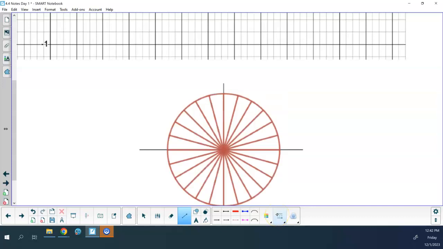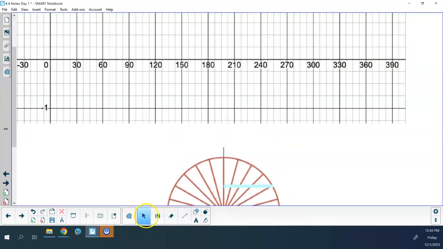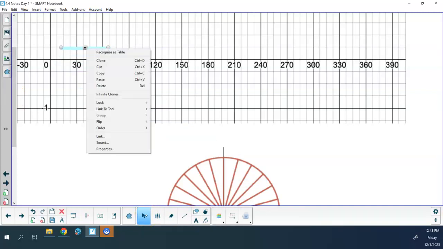And so you're going to say, all right, so here's my 30 degrees. That's what I'm going to be measuring now, that horizontal distance to get there. Now, the hard part is, easy part for you, hard for me to show up here, is that now you have to take this and I have to rotate it.